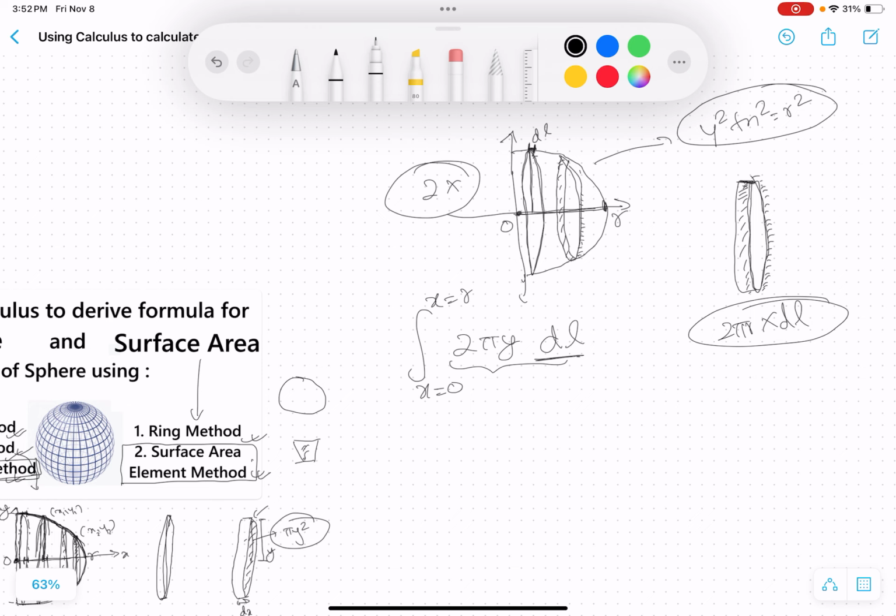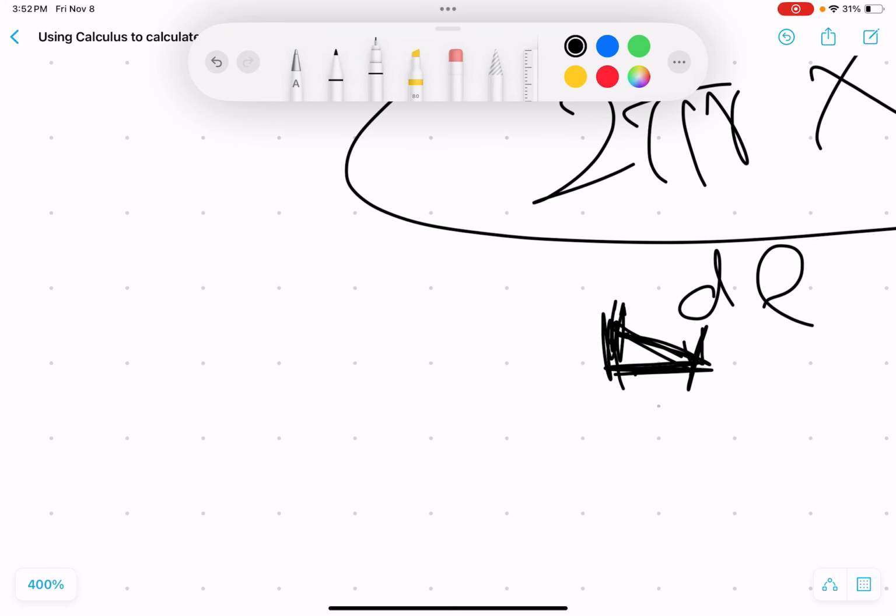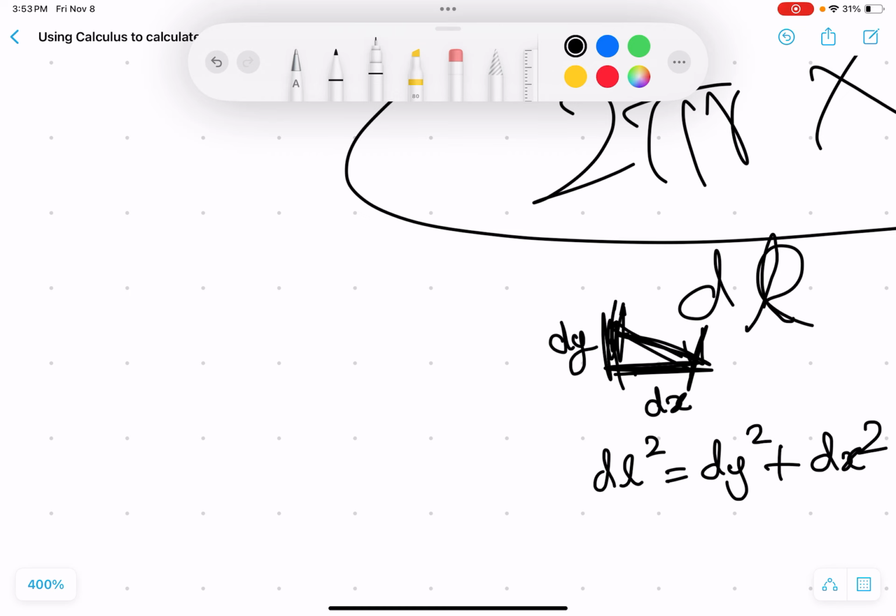Now notice that for this small dl, the dl is made from small dx and small dy. So dl square will just be dy square plus dx square. Whoa, Pythagoras theorem comes here in a surprising way!